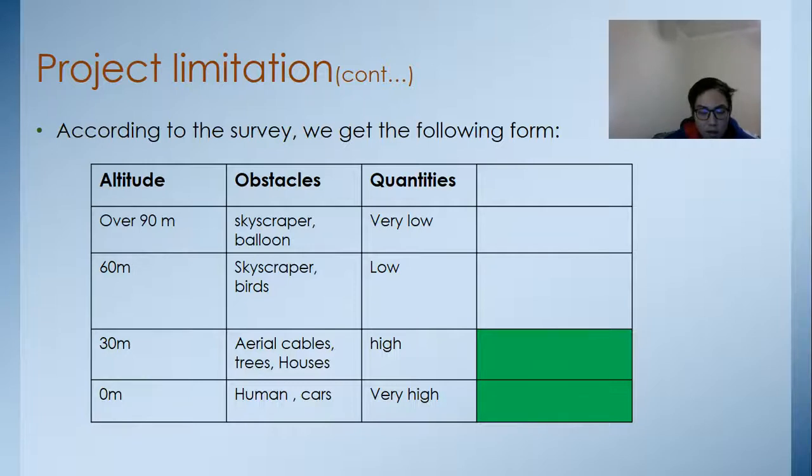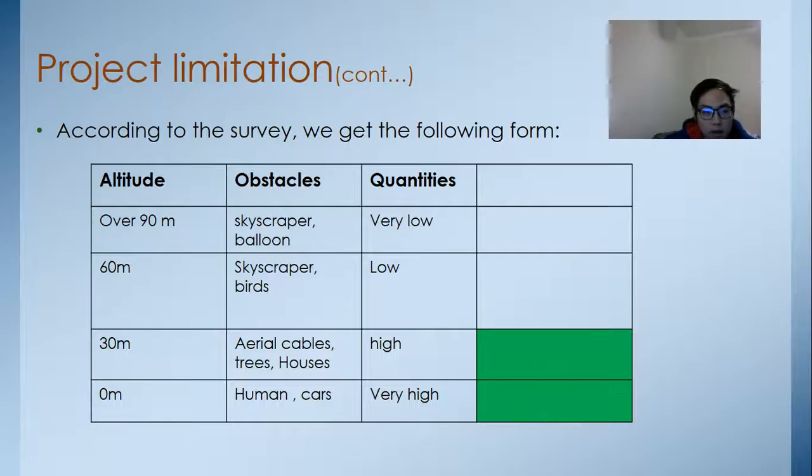So the limitation of our altitude also gives us a very big problem about how to actually avoid the obstacles at this level.